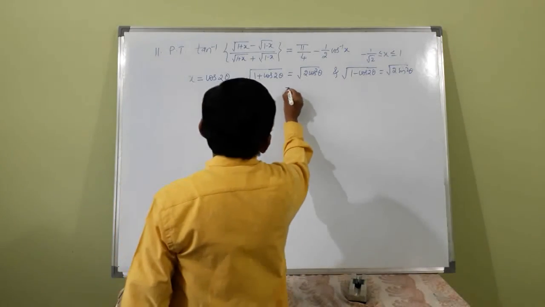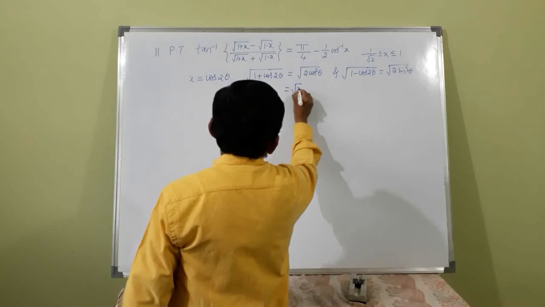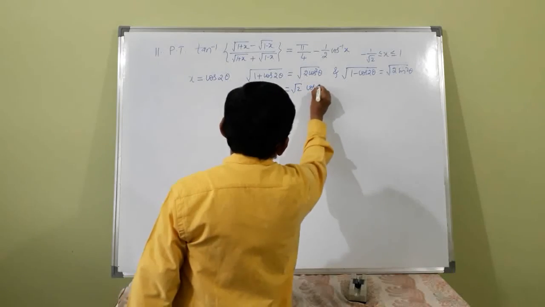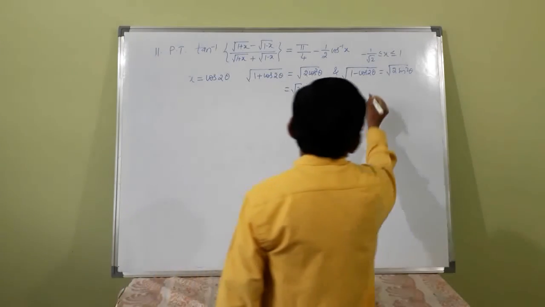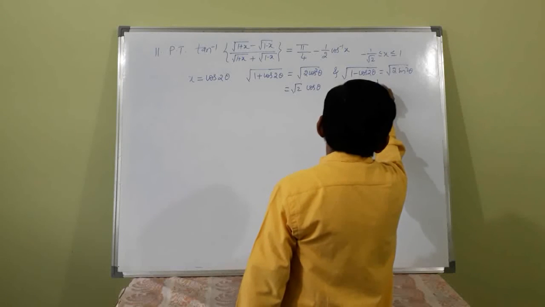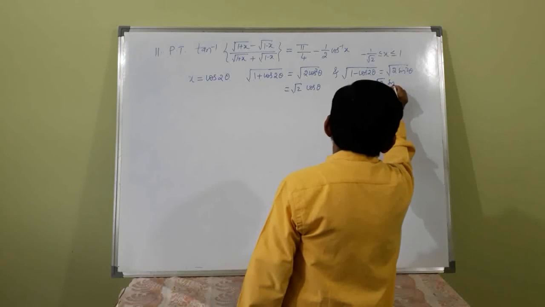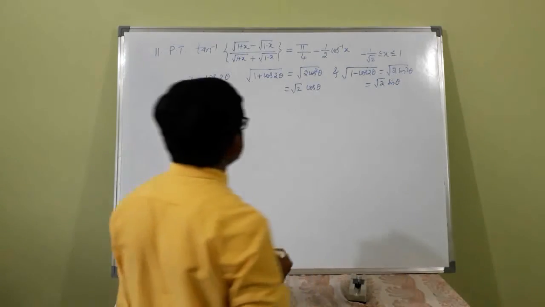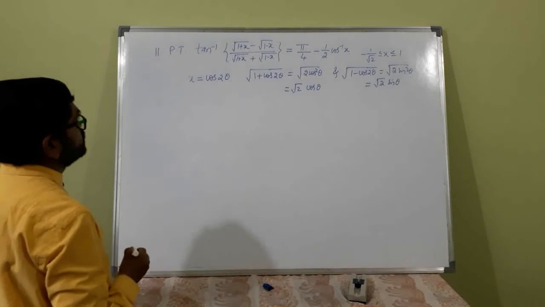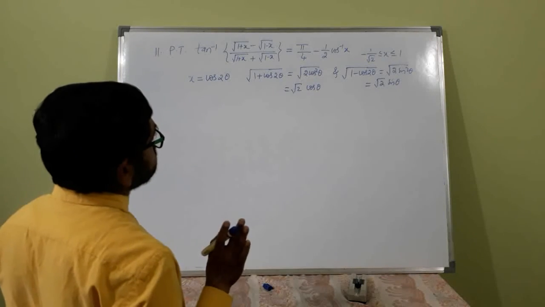This is nothing but root 2 into cos theta, if you take square root, and this is root 2 into sin theta. Okay, now you substitute and get the answer.